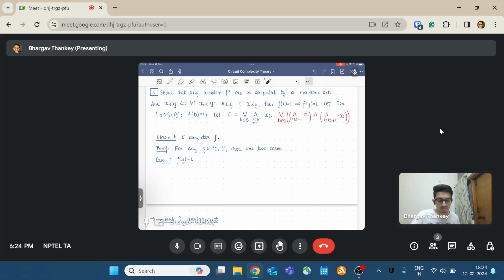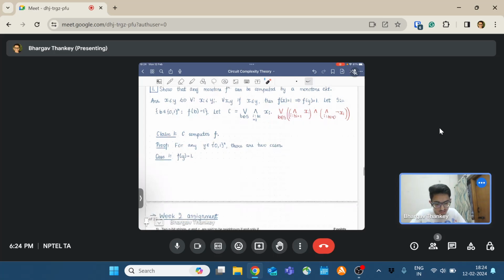Okay, so we go about doing that. So this is an OR of ANDs, right? So even if one AND were one, we would be done. Yes. So can you find one AND gate which would be one when I plug in y?